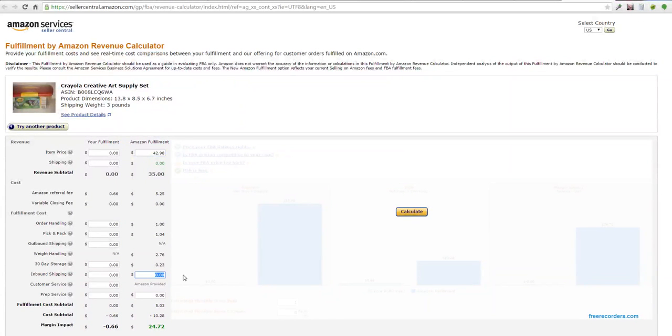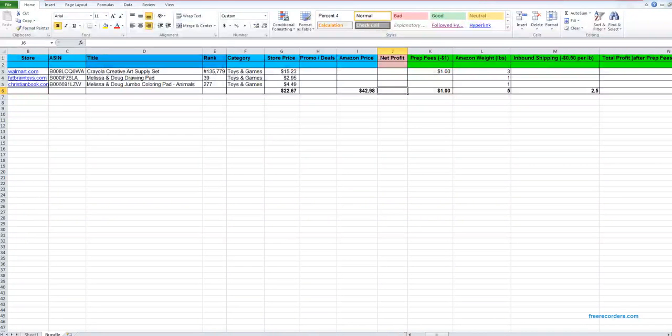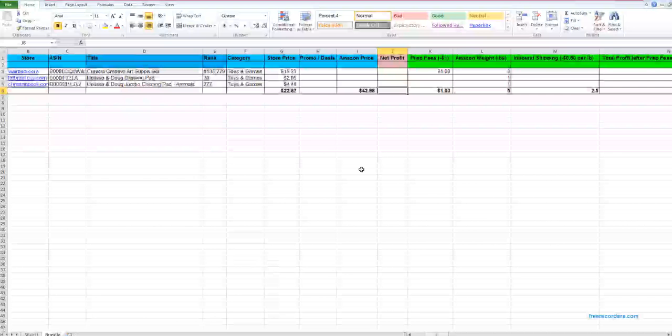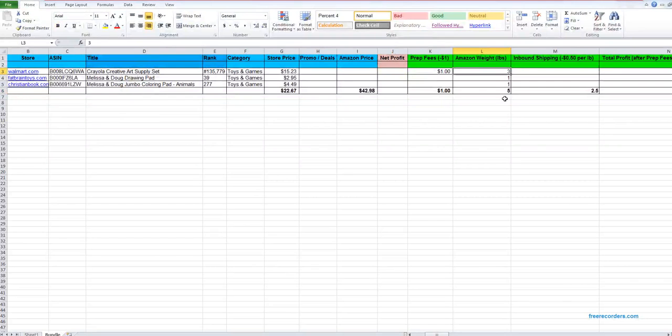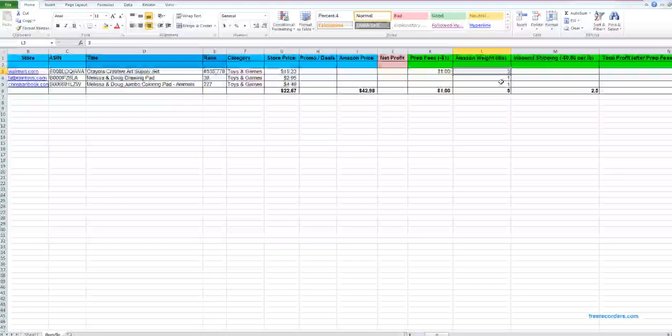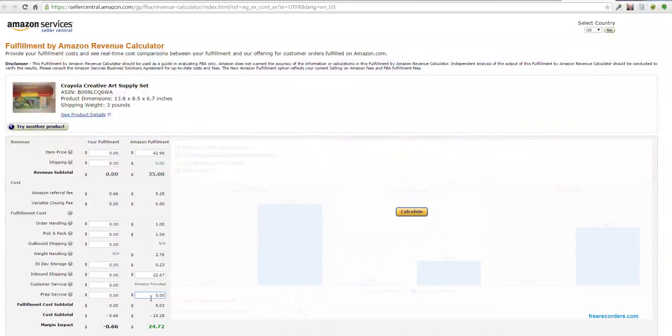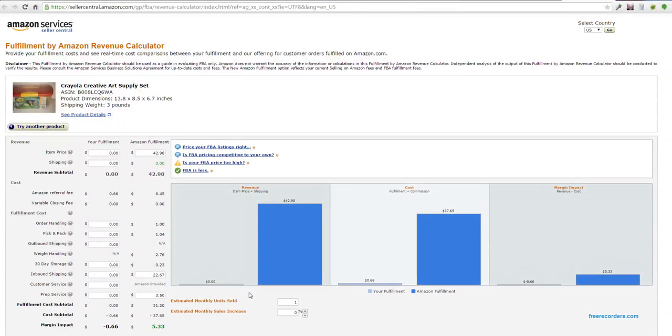Inbound shipping is your total purchase price, so $22.67. Prep is your weight. With the Amazon weight, it's 3 pounds for the one, so it's 5 pounds, so 50 cents a pound, $2.50, plus your prep fee of $1, so it's $3.50. Calculate. It's $5.